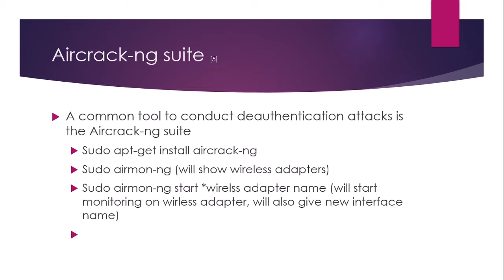Next is the sudo airmon-ng. This will show the wireless adapters currently on your device. And then there's sudo airmon-ng start, and then the wireless adapter name that you got from the previous command. This will then start monitoring on the wireless adapter that was shown from the previous command, and also give a new interface name, which we use later.